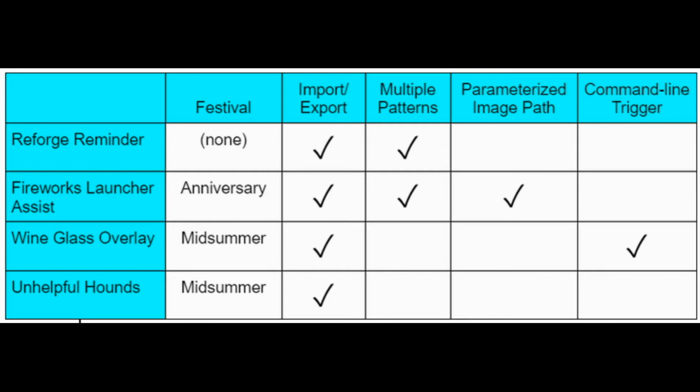use case is for the Unhelpful Hounds quest in Midsummer. Now, that quest can be rather annoying, and most of the annoying aspects of it I can't really do much about from a plugin perspective, at least not this kind of plugin. But one of the annoying aspects is that the quest messages come up in the middle of your screen, and as far as I know, you can't change the position of those.